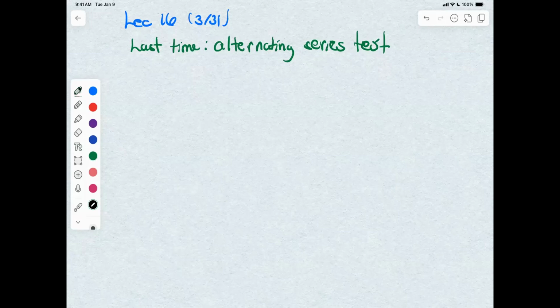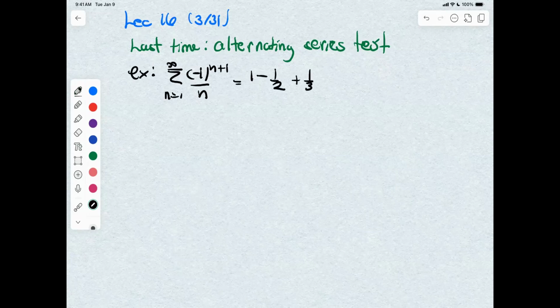The examples that I had given you were (-1)^(n+1) over n, starting at 1 to infinity, which is 1 minus 1/2 plus 1/3 minus 1/4 plus 1/5 minus 1/6, etc.